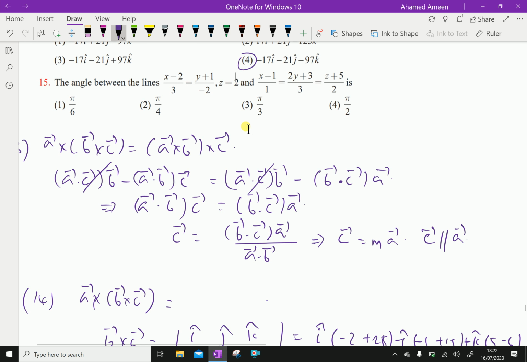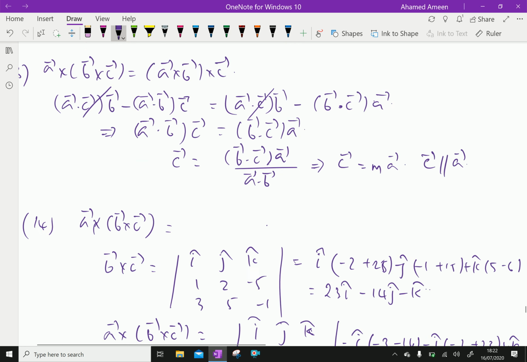Question number 15. The angle between the lines (x minus 2) by 3, (y plus 1) by minus 2, z is 2, and the second line is given. So you have to find the angle between them.